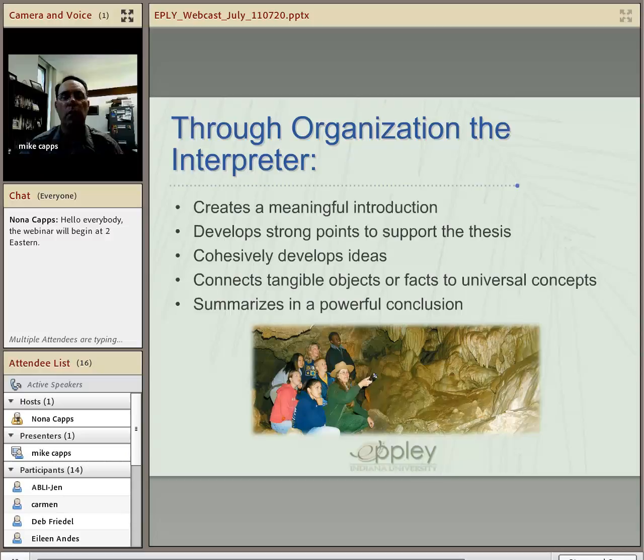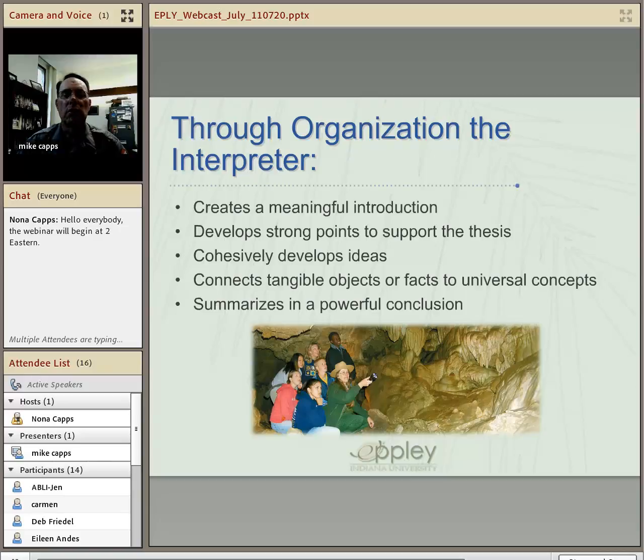So when we're looking at putting together a program or getting ready for a program, we want to think about organization. You may have all the knowledge in the world. You may be very familiar with the resource, have all kinds of information that you can share, but if you don't present it in some sort of an organized manner, that's going to limit the effectiveness of your program.